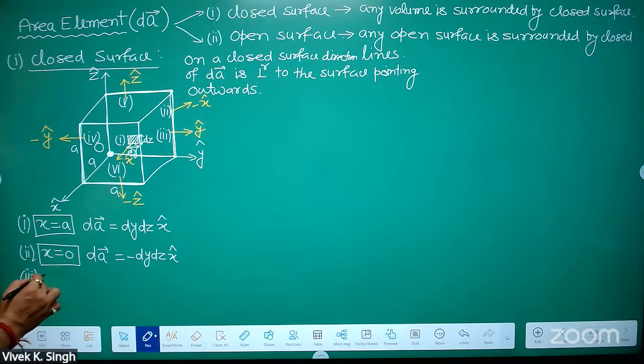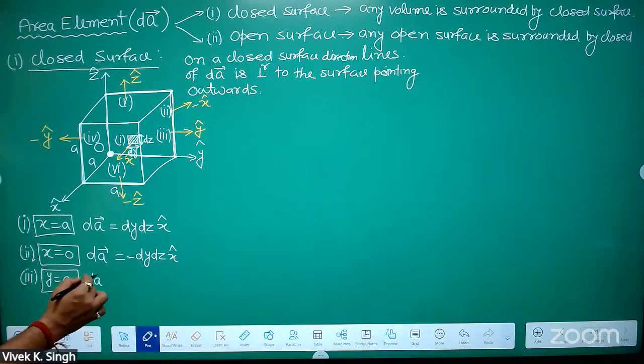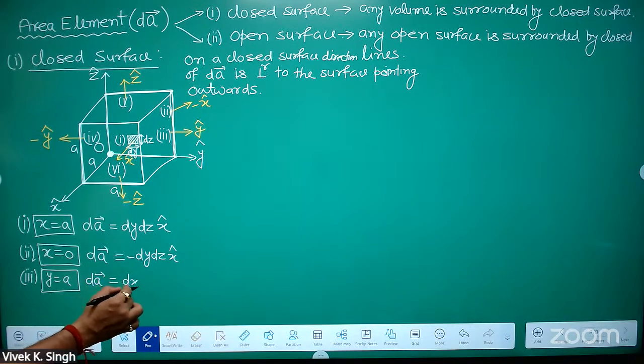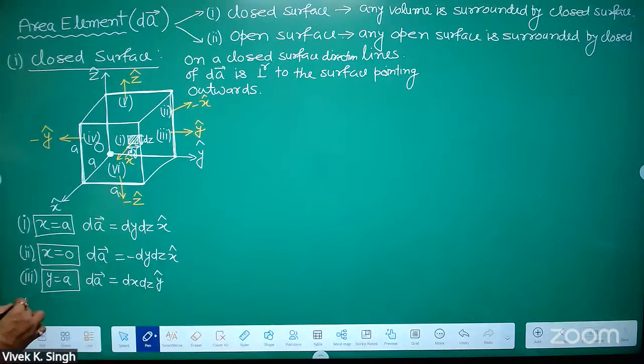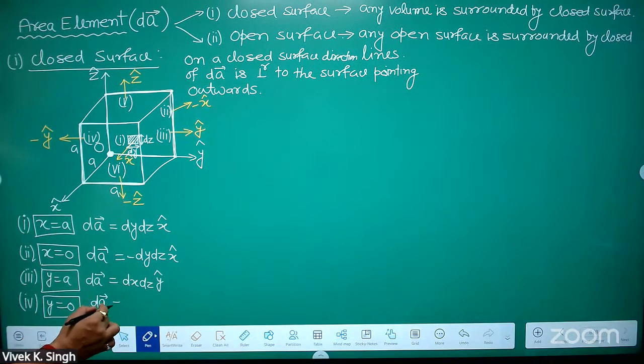Surface 3 is the y is equal to a plane. dA is dx dz y cap. Fourth is y is equal to 0, and dA is minus dx dz y cap.